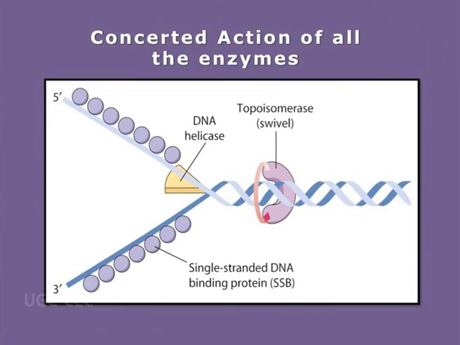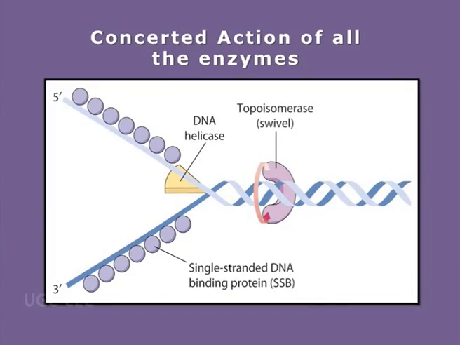Let us see how all of these enzymes act like friends together and help to carry out the replication process. This picture shows the DNA helicase at the replication fork unwinding the double helix, with topoisomerase acting ahead of the replication fork and removing the supercoiling, or positive supercoils.